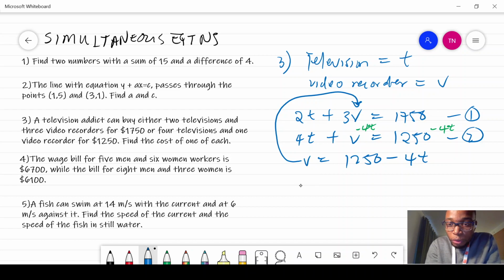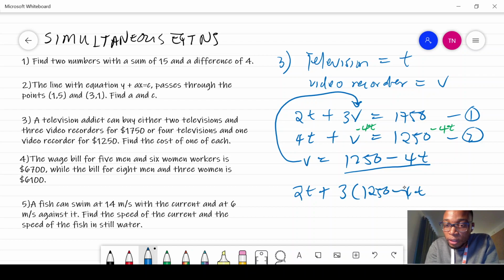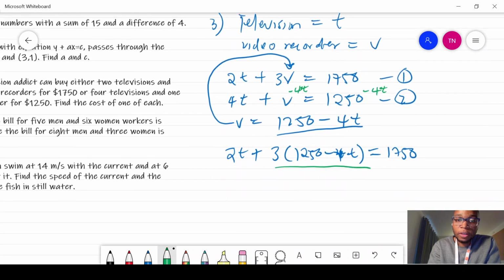So we are going to have 2T plus 3 times V, which is 1,250 minus 4T, equals 1,750.